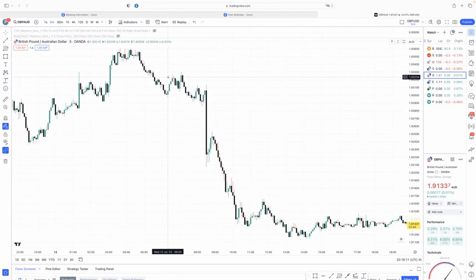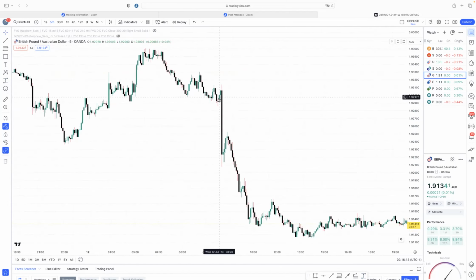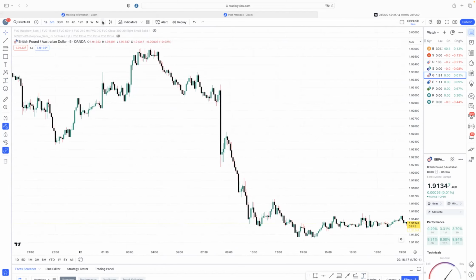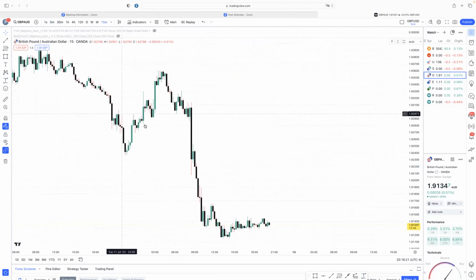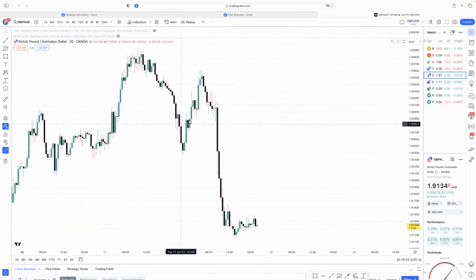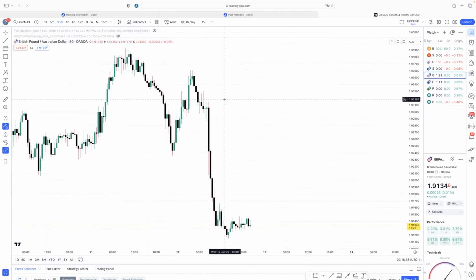On GBP AUD. So if you wanted to map it out and see if you can see anything, typically what I do is I'll go to the 15-minute chart. And if I don't see it on the 15-minute chart, which you can draw it here, but it's not as clear, you can check the 30-minute chart and see if there's some kind of triangle that formed.